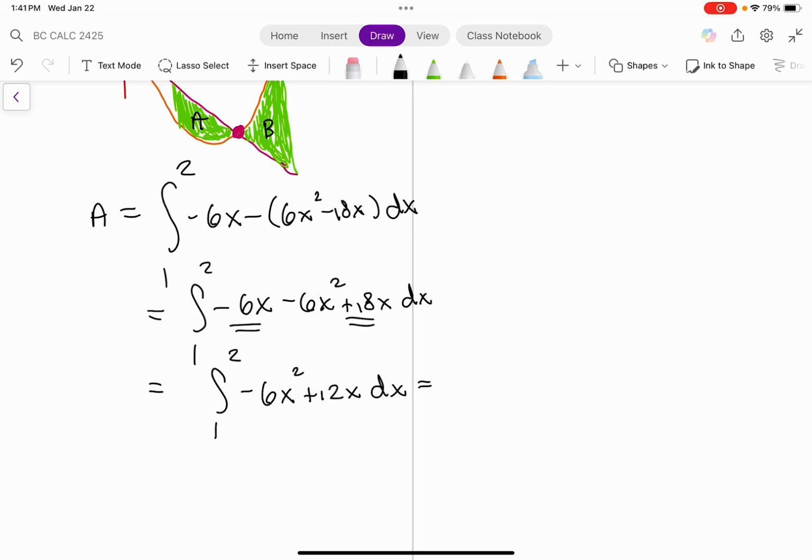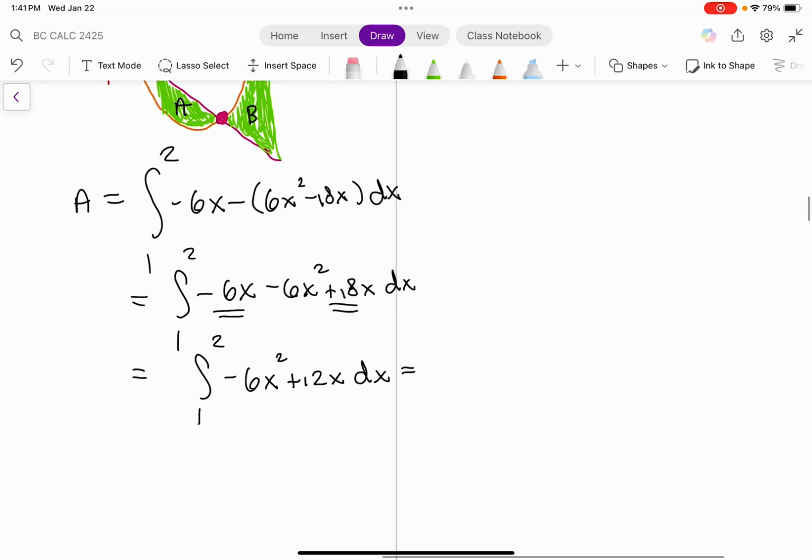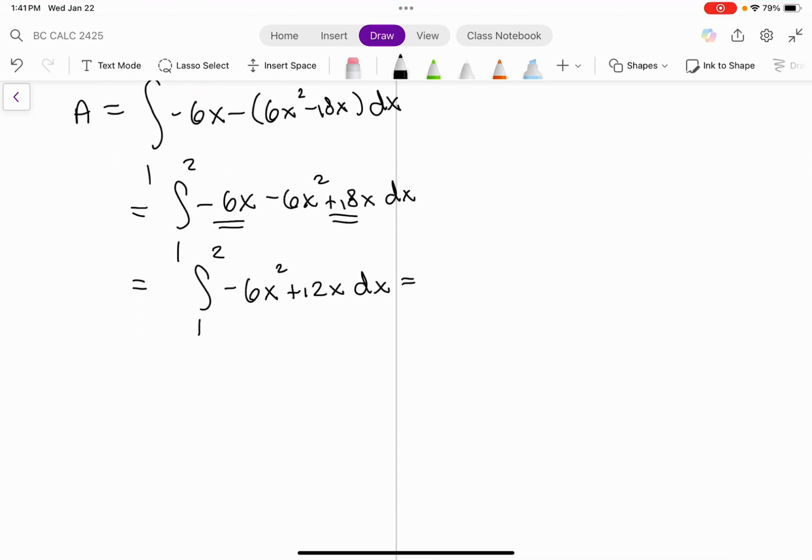You can factor out a negative 6 if you want, but let's just go right to it. By the fundamental theorem, that's negative 2x cubed plus 6x squared, evaluated from 1 to 2.